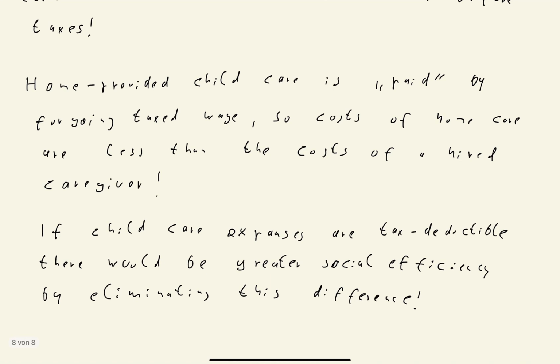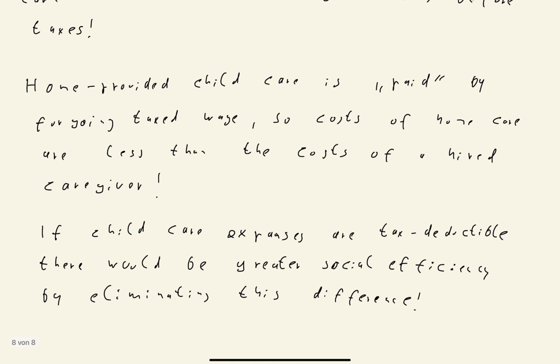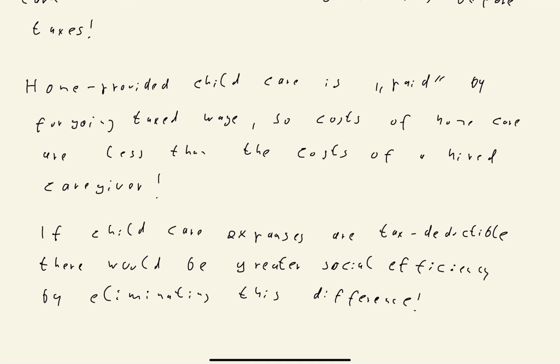This is what you're paying to them, the gross salary. On the other hand, if you consider home provided childcare, your opportunity costs must be lower than the costs of paying for a caregiver. Hence, there is a difference in the opportunity costs that you have if there is no way to deduct those expenses from the tax that you have to pay.